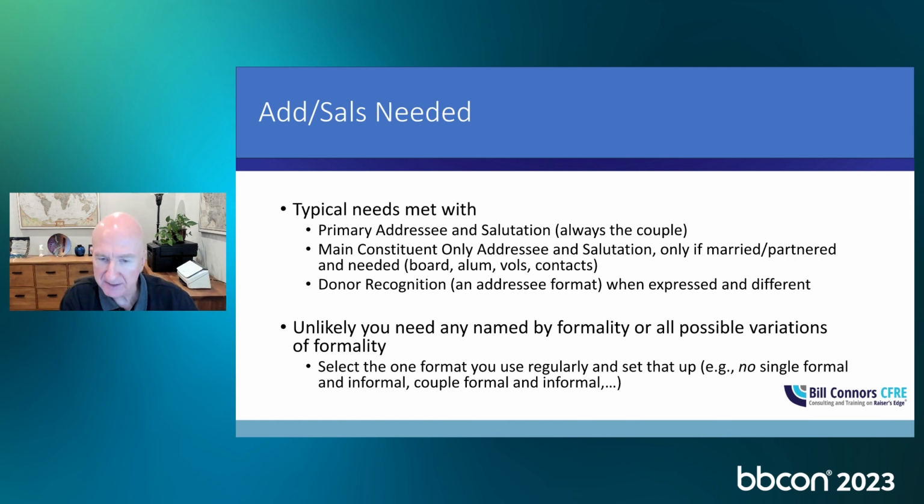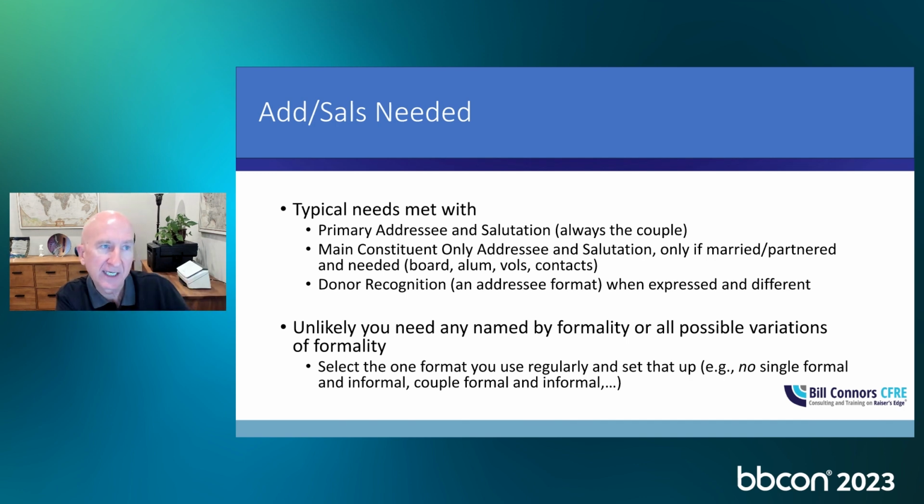I don't need a volunteer set and a board set and an alum set. I can just use that one set to cover all of those situations because the real point is I just need to know who the main person is, and then you might need one or two more, like an additional format for donor recognition purposes, if you don't want to use, or the constituent doesn't want you to use the primary addressee format. So you don't need a lot.